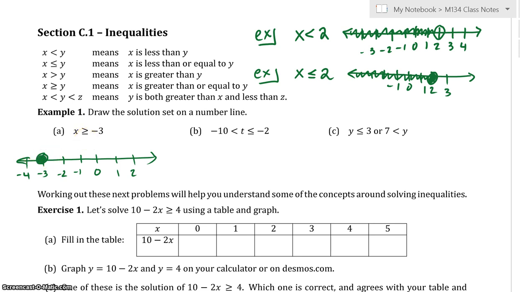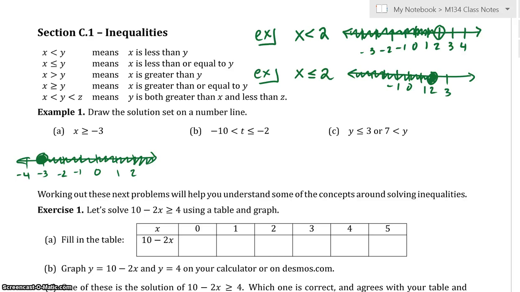And all the things that are bigger than -3. What's bigger than -3? Well, it's to the right, isn't it? Because I'd rather be -2 in the hole than -4 in the hole. So all the things on the right. Notice when it's less than, it's all the values on the left at that point. When it's greater than, it's all the values on the right.